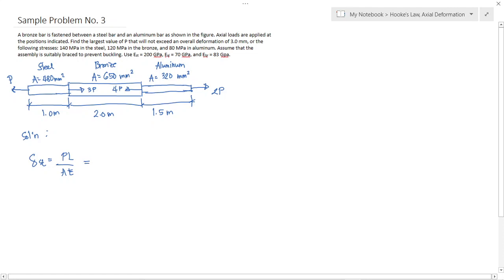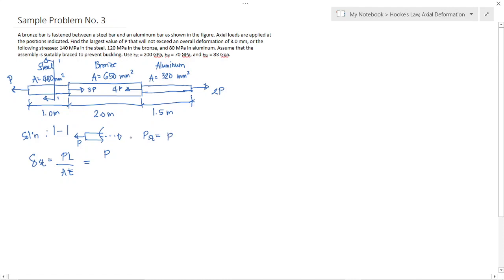P of steel is P, because when you section, let's section first. Considering the left section, when you section here, section 1, considering section 1, you have load P here, so the internal force is away from the section you considered. So P steel is equal to P.